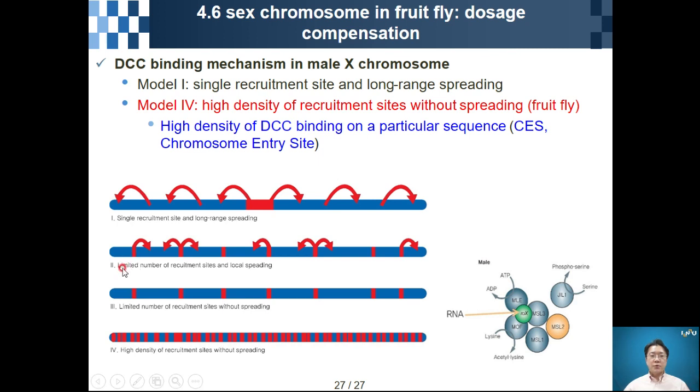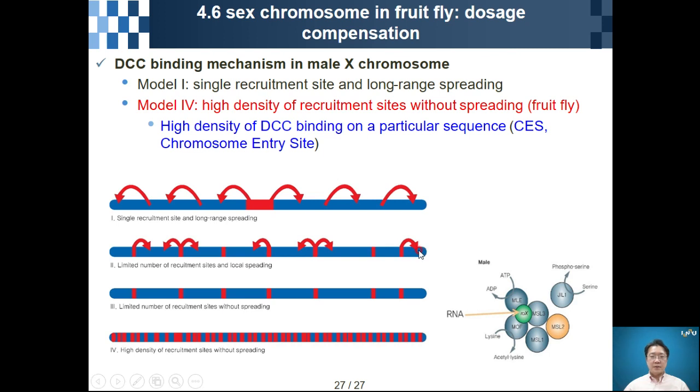Model 2 is a limited number of binding sites, and after that it will induce local spreading. So the DCC binds to this region and this region, and it can induce local spreading.